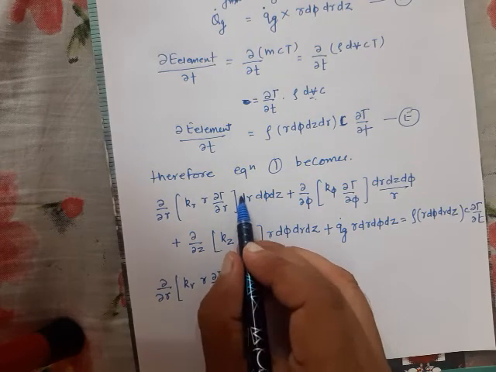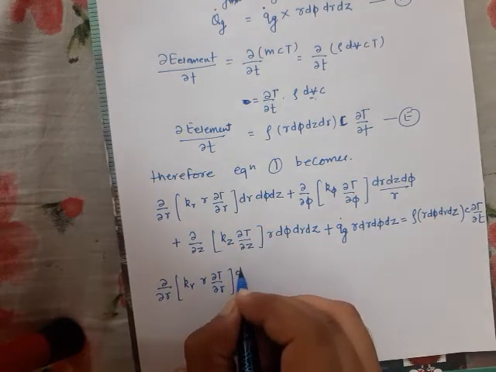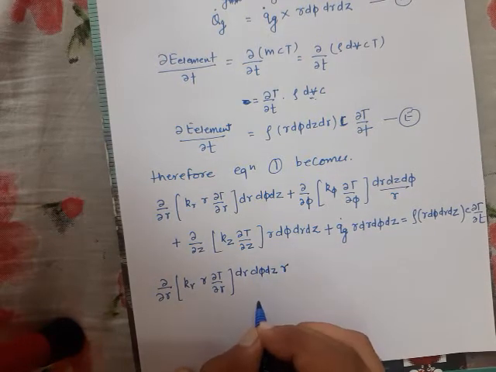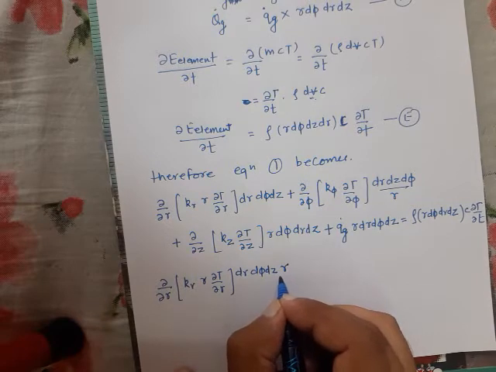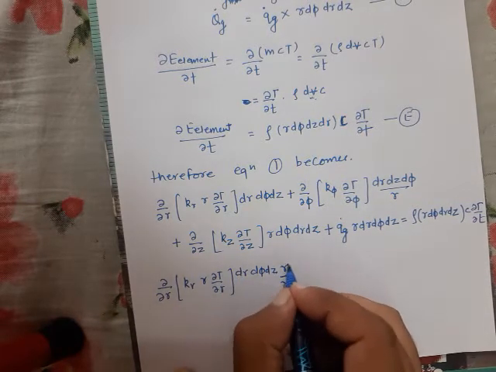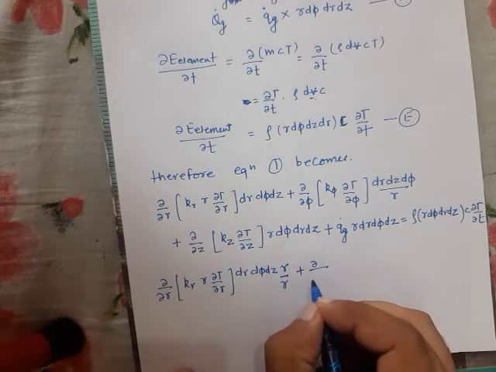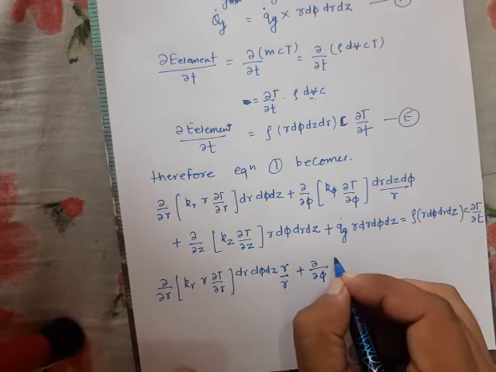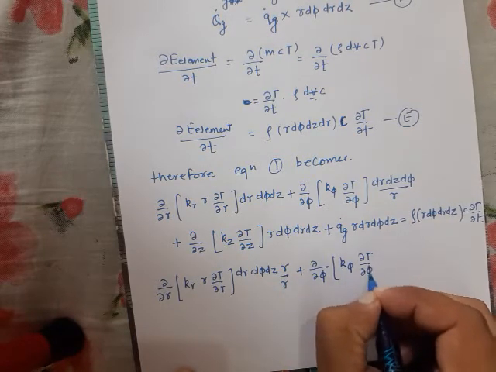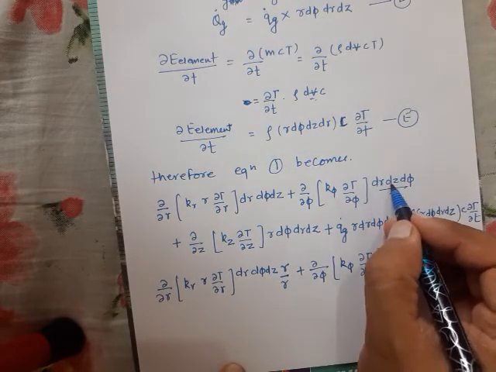This term has been multiplied by R and has also been divided by R, so that this term will become volume. Next, del upon del phi, k phi del T upon del phi. Now over here, I need to have R, dr, dz, d phi.